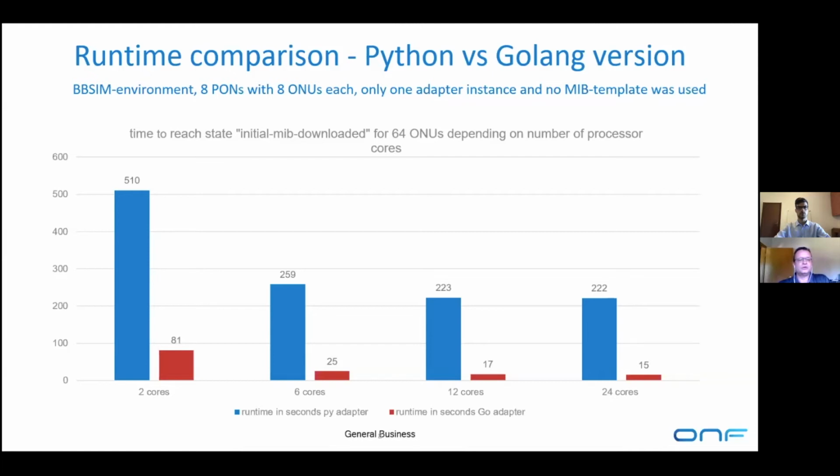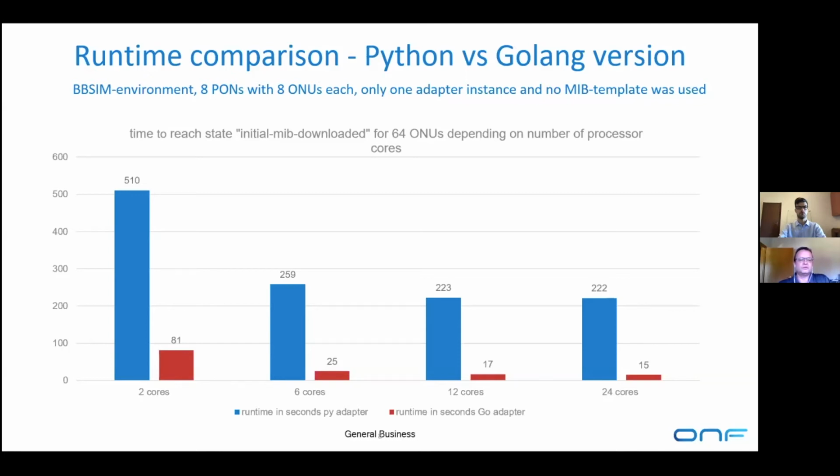Here in this graph, you can see in blue color the Python version. And you see already for 2 cores, the Golang adapter is much faster than the Python implementation. You can also see that the Python version does also benefit from the increased number of processing cores, but this comes to a flat line, where you have a basic number of seconds which will not be decreased anymore.